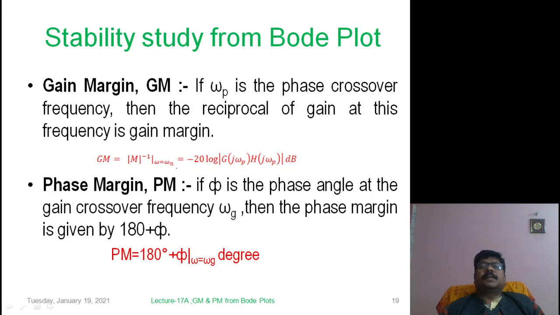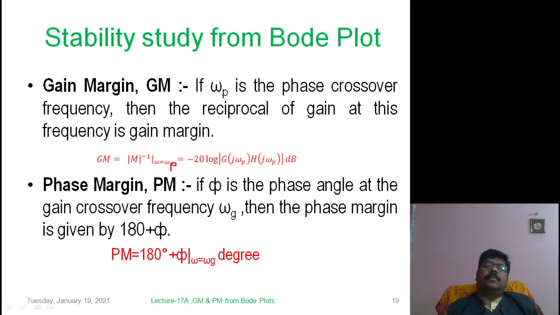The formula for the gain margin is evaluated at the phase crossover frequency. If the phase crossover frequency is omega p, then the gain margin is the reciprocal of the gain at this frequency, that is 1 by M at omega equal to omega p.